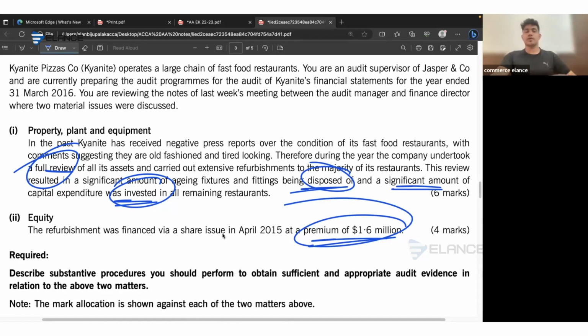So the most important point for share issue will be that the auditor needs to review the split between share capital and share premium in order to confirm that only the nominal value of shares is included within share capital, and any amount of premium of 1.6 million received is included within the share premium account. Is that clear?